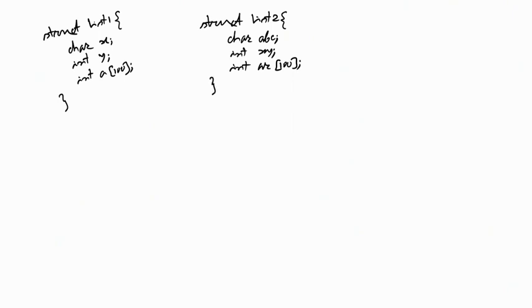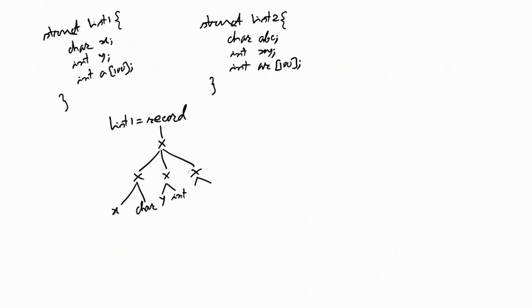Now, if we want to check whether they are type equivalent or not, we will be able to construct the corresponding DAGs. This is a record, it has 3 parts in it: x character, y integer, and a, an array of 100 integer.